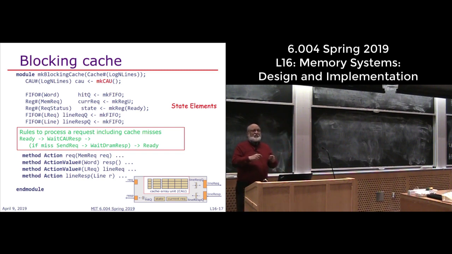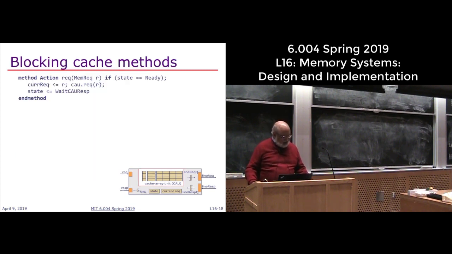And the moment you get a miss, you will go into a different state and say, I have to send this back to the backing store. I have to also send a request to the backing store, and when the data comes back, I will go and write it. So that's what all these rules are that you will be writing, to complete the design of this.